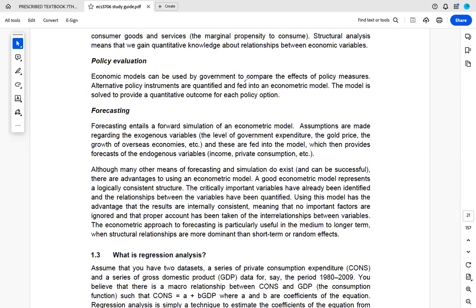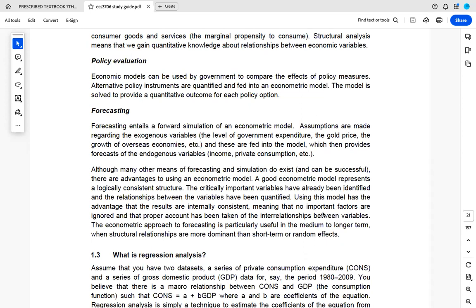So usually the assumptions made with forecasting, for example, you take variables such as government expenditure, your economic theory will say these affect GDP, or affect whatever item you're looking at, and then you feed them into your model to come up with your parameters, and then you can make predictions. But we'll also look at how to actually do this, right? So this is one of the uses of econometrics.